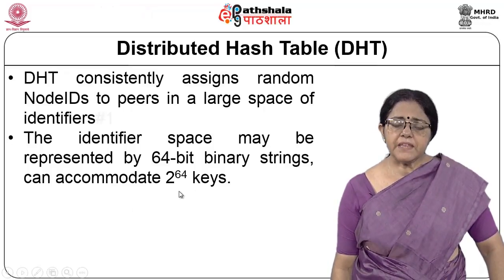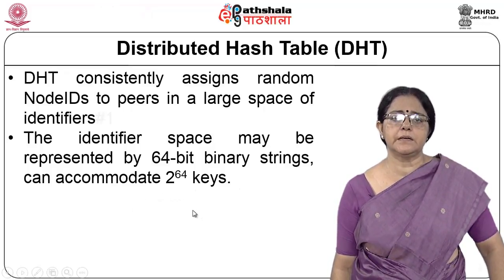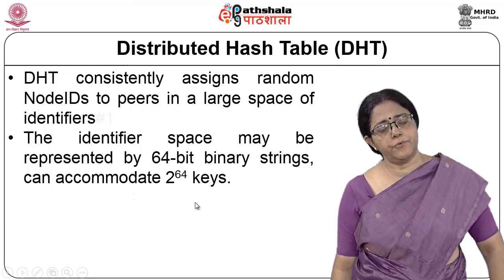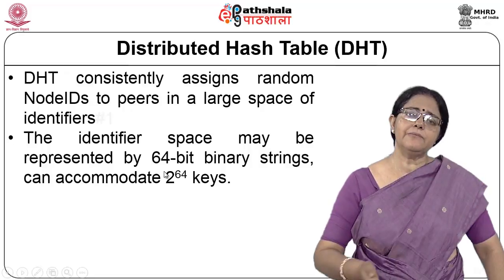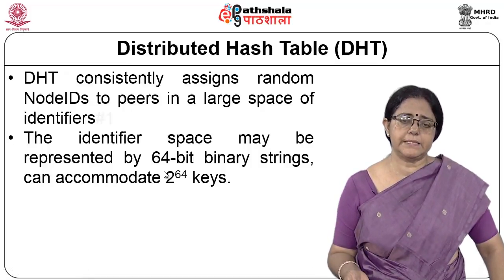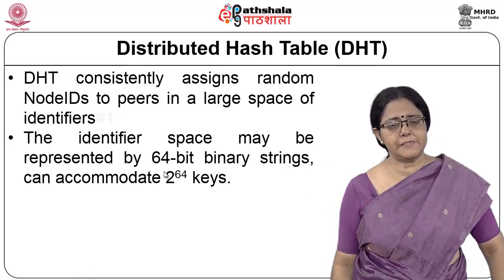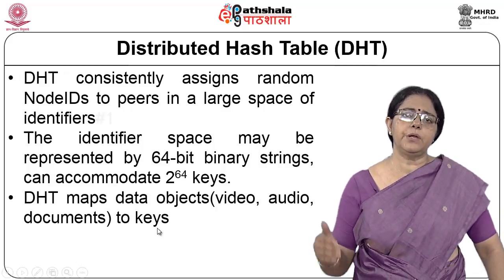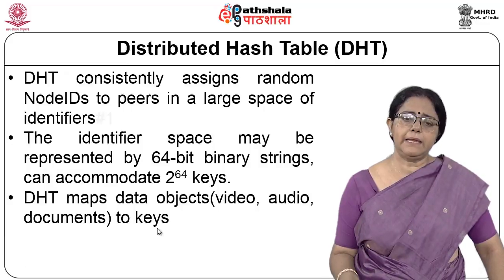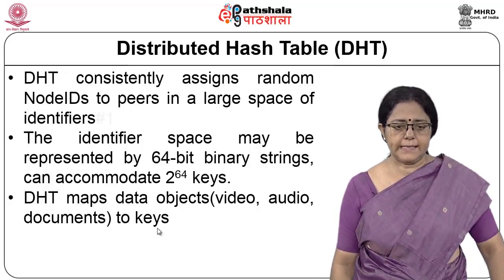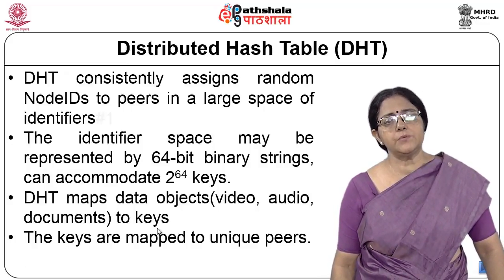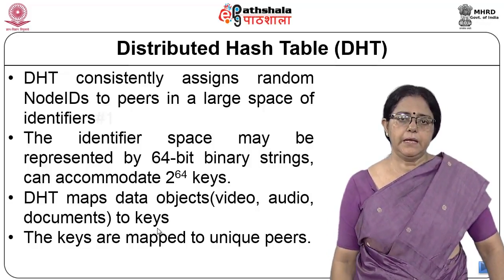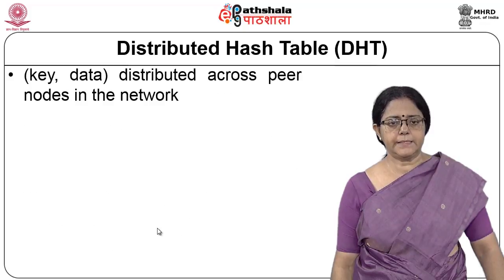If there is a 64-bit string, then we can have 2 to the power 64 keys. Similarly, if I increase the number of bits in the string, my key space increases. So, any file, video, audio, document, will be mapped to a key, and the keys will be mapped to a unique peer. This way, DHT will be storing the data.